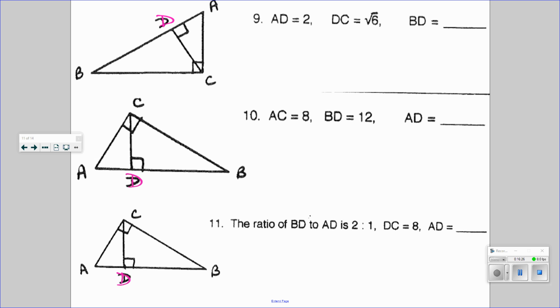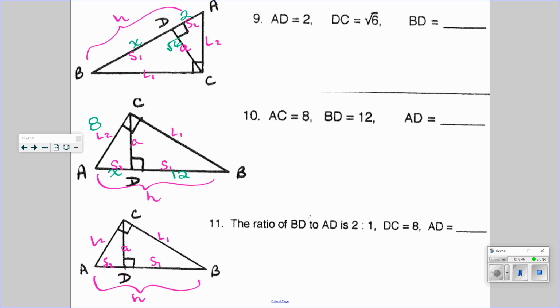So, I want y'all to try some of these without me first. I want y'all to at least look at them and try and get a bearing first before we do them together. So, try these ones. You should be able to get a few of them done. Maybe all of them. And then we'll come together.